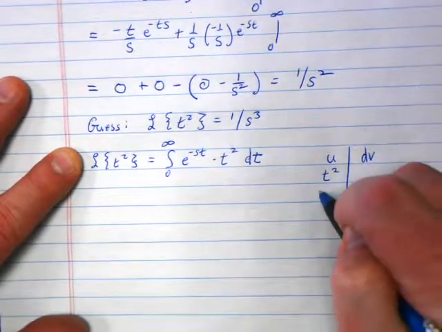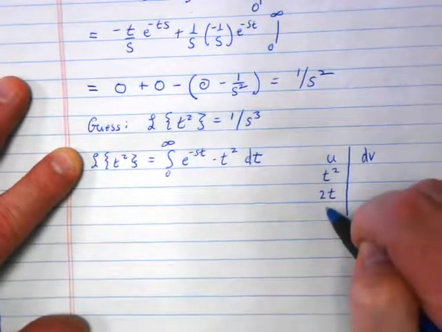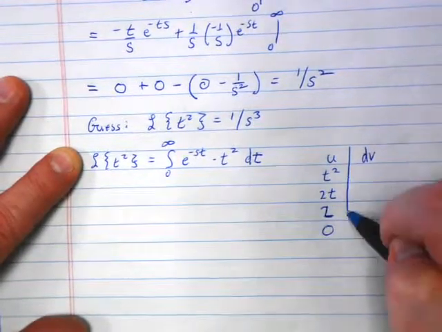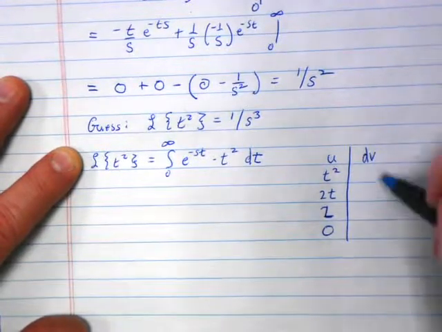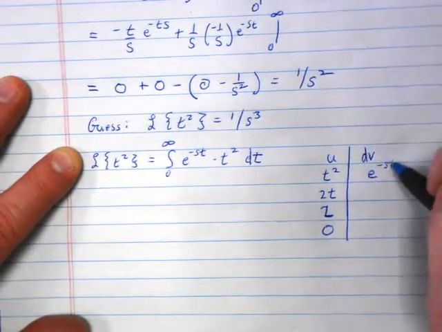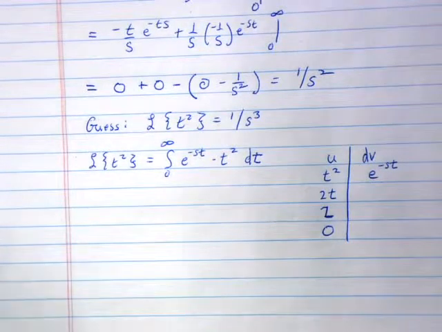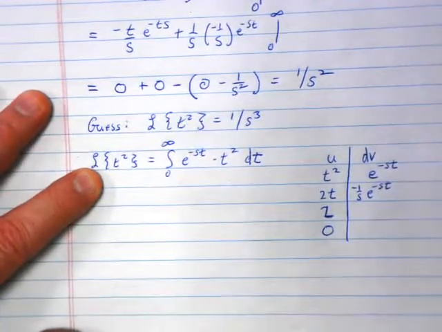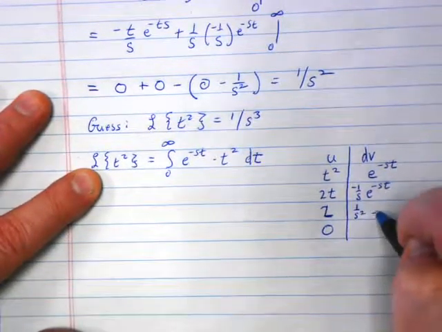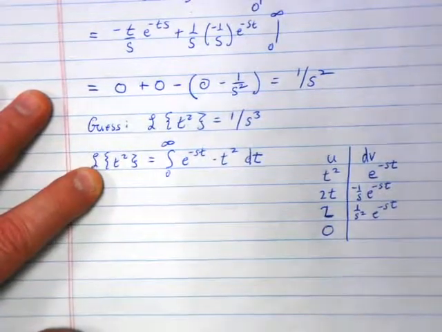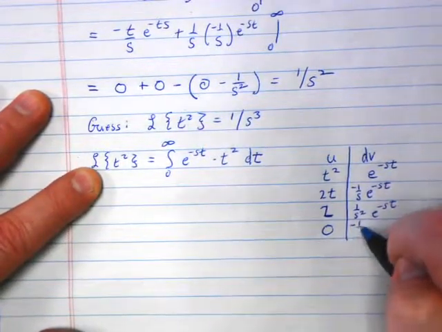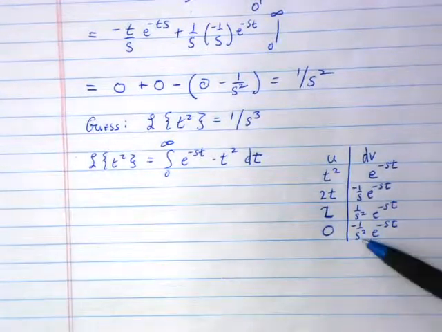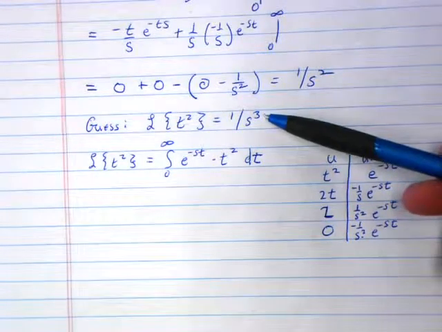So I take the derivative, 2t, I take the derivative again, 2, take the derivative again, 0, so that's when I know to stop. dv is going to be e to the negative st. I integrate once, I get a negative 1 over s, e to the negative st. I integrate again, 1 over s squared, e to the negative st. Integrate again, negative 1 over s cubed, e to the negative st. So I'm seeing the s cubed and the s cubed. Things are looking good.